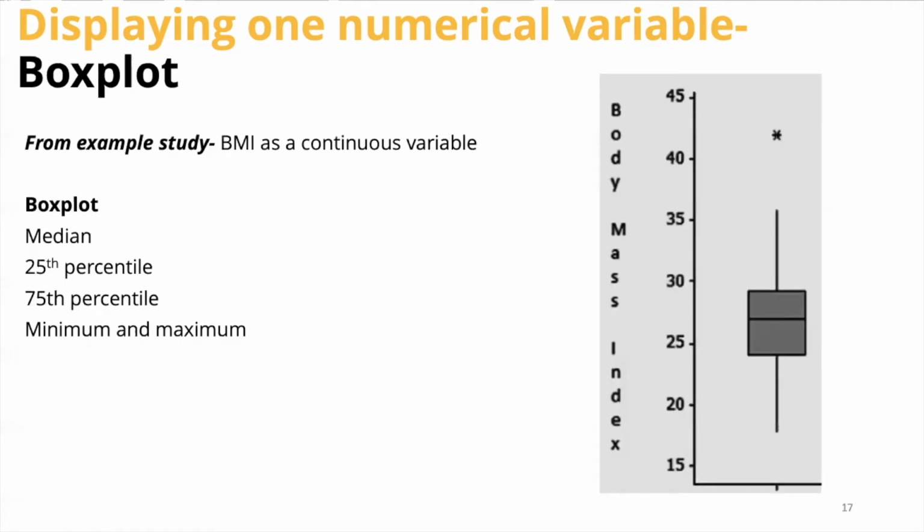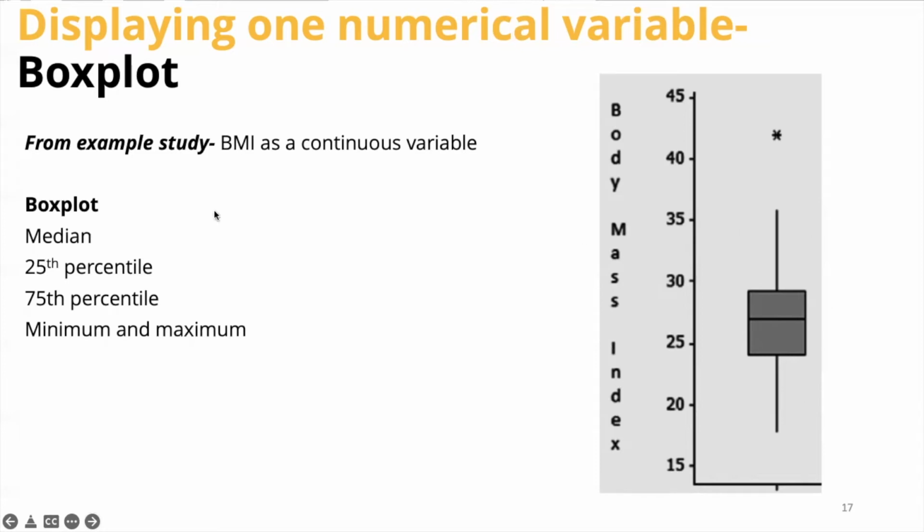A box plot is another way to display a single numerical variable as well. We're going back to our example of BMI as a continuous variable. What we see here on the y-axis is the total range of the BMI values.